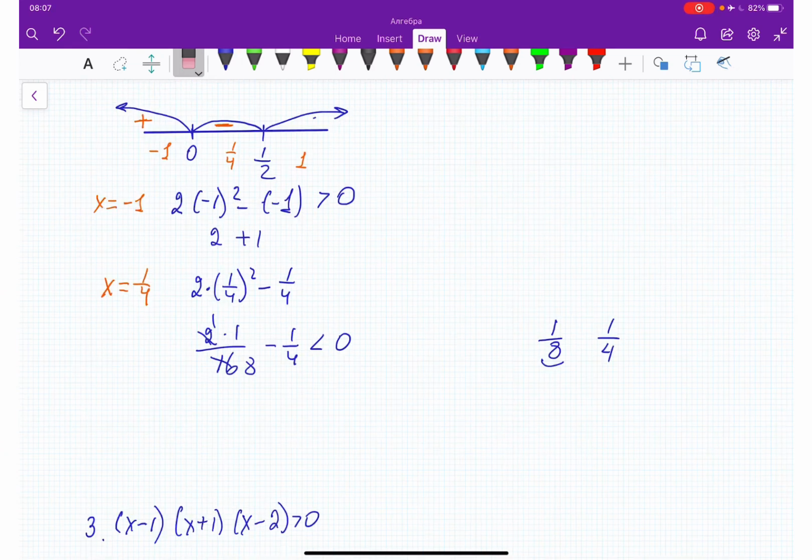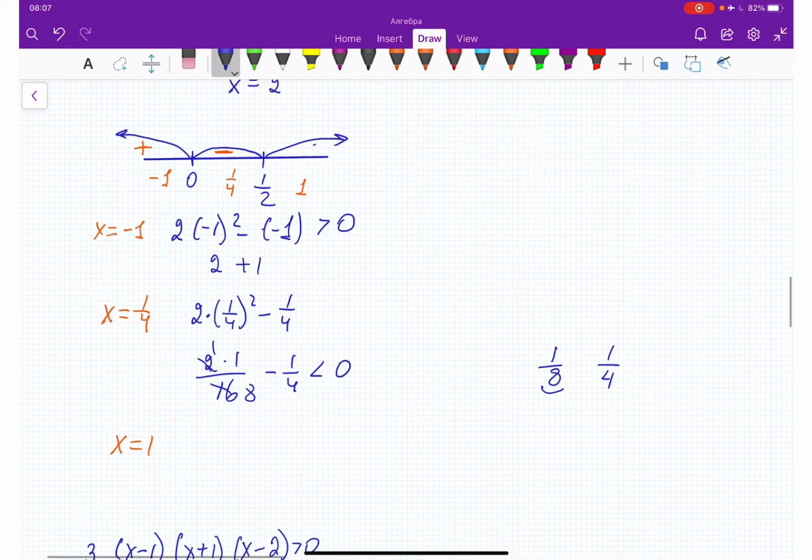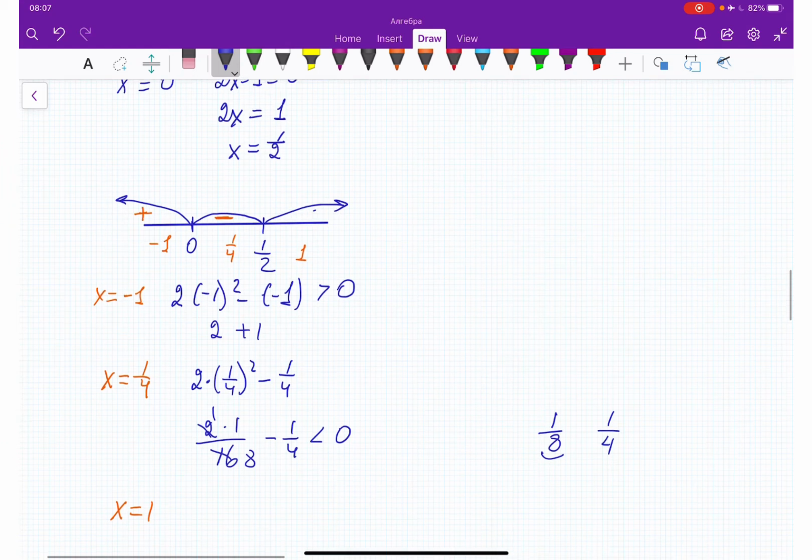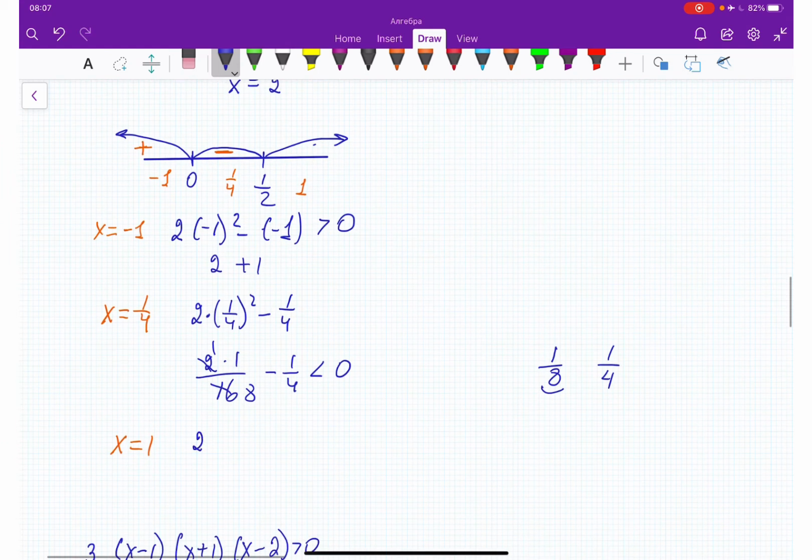Now we get x is equal 1, because we are testing this third part, right? Okay. What do we get? We have 2x squared minus x, 2 times 1 squared minus 1. So it's going to be 2 minus 1, it's going to be 1, which is going to be greater than 0, right?